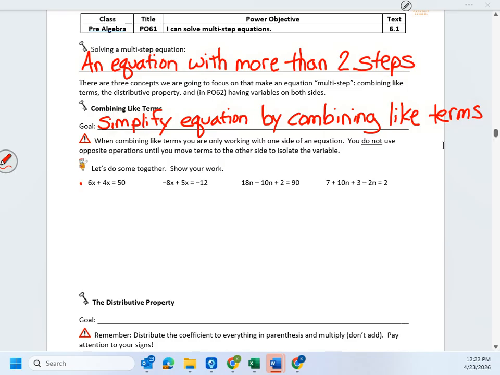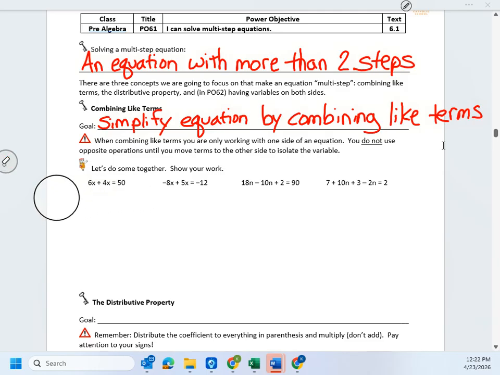So if we're combining like terms that are on the same side, you do the same operation. When we have to move stuff to the opposite side is when we do opposite operations. So that is a big thing that you have to keep in mind. Same side of the equal sign, same operation. If you're moving to the opposite side of the equal sign is when you do the opposite operation.